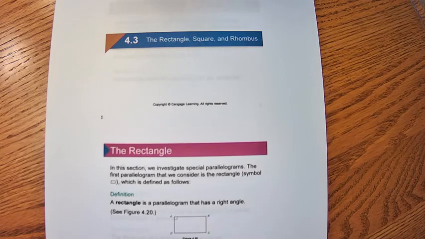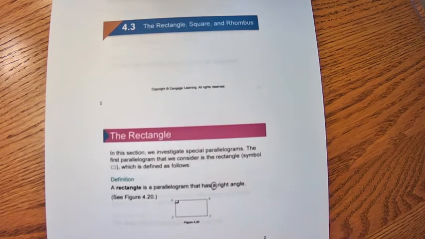The last distinction in the definition of a rectangle is that a rectangle is a parallelogram, but it has, notice, a right angle. Now the truth is, it actually has 4 right angles, but we only have to prove that one of them is a right angle. Why? Because in a parallelogram, consecutive or adjacent angles are supplementary.